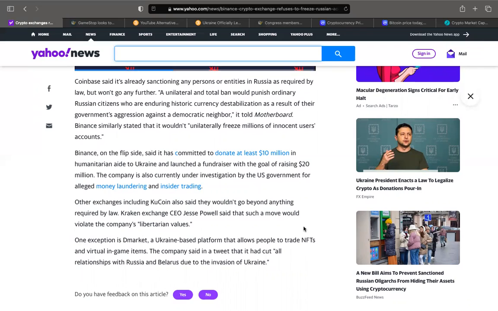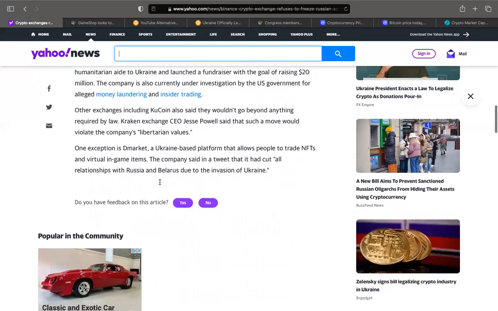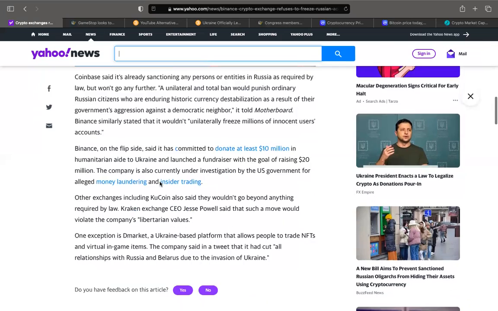Binance was committed to donate at least $10 million in humanitarian aid to Ukraine, but also gave a similar response when asked the same question. They didn't want to punish innocent citizens for the behaviors of the government.